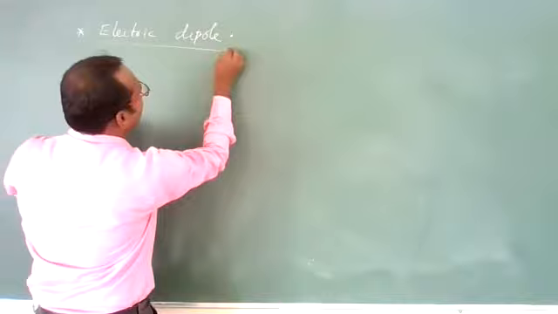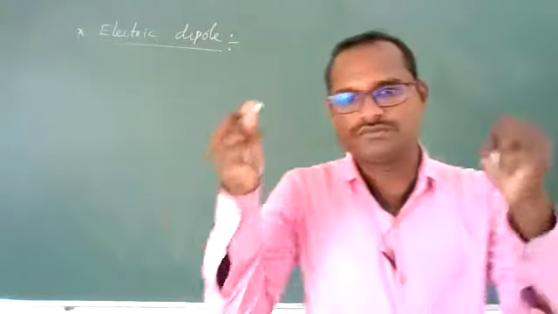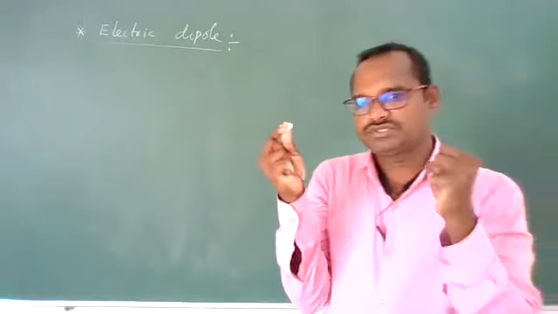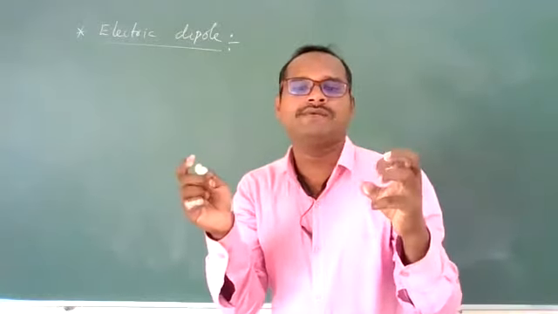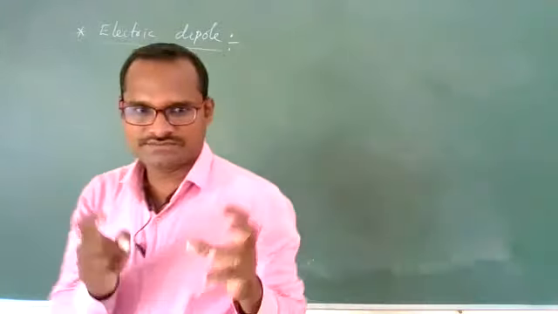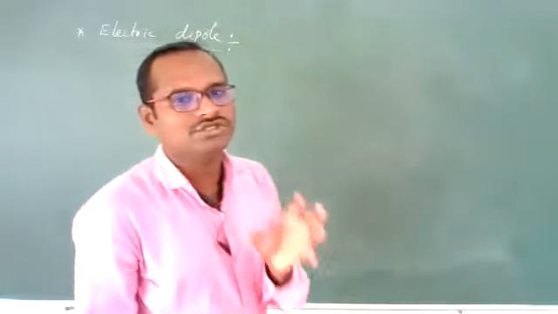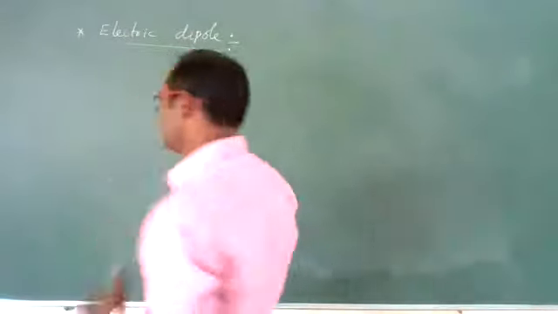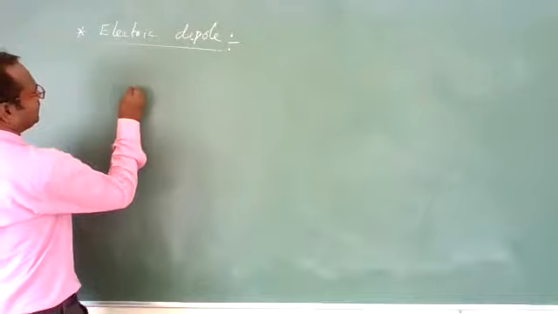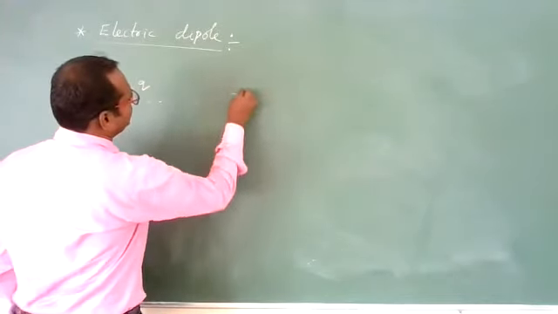An electric dipole is nothing but two charges which are equal in magnitude and opposite in nature. If the two charges are separated by some distance, then the two charges will constitute a dipole. That means you take a negative charge minus q and a positive charge plus q.